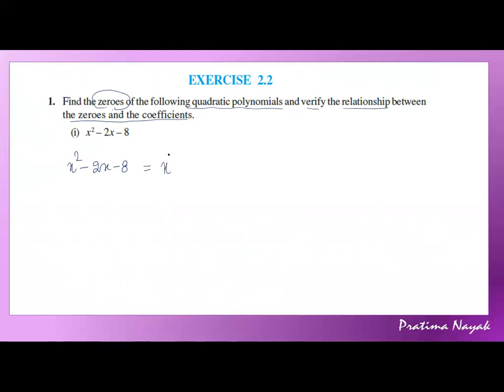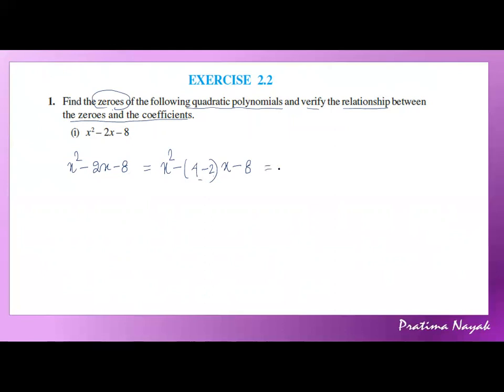So please observe how I am writing, because here this negative positive sign is very important. Sometimes the integer will be same, but because of this sign you may not get the correct answer. So I thought of two numbers 4 and 2. 4 2s are 8, and 4 minus 2 is 2.